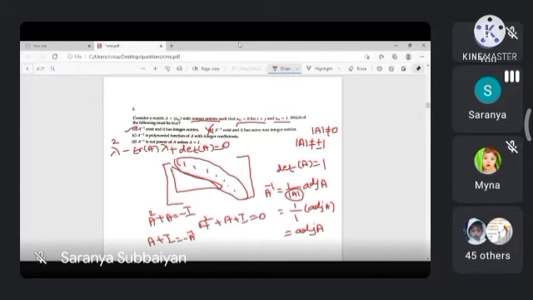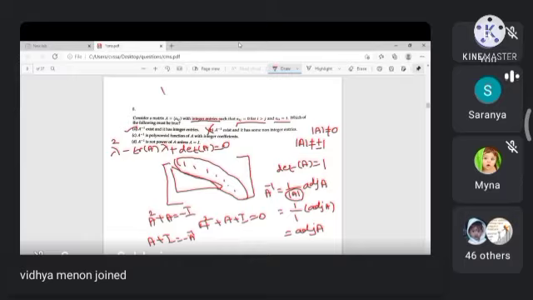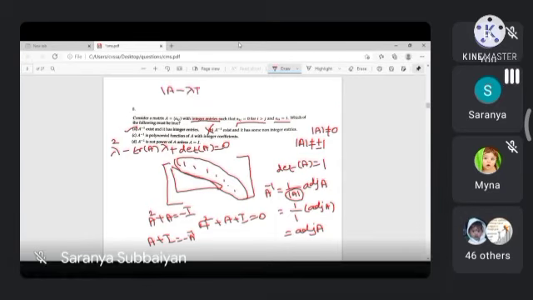So, in the Cayley-Hamilton theorem, every square matrix satisfies its characteristic equation, correct? So, what is the characteristic equation? Suppose you are finding the lambda eigenvalue, which formula are you using? Determinant of A minus lambda I is equal to 0, correct?